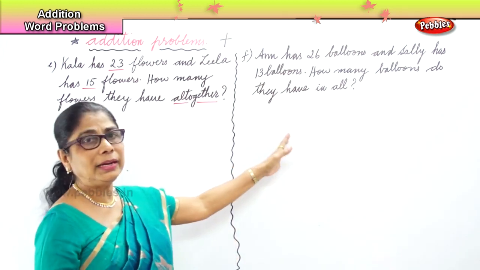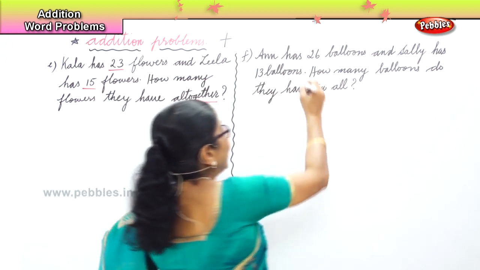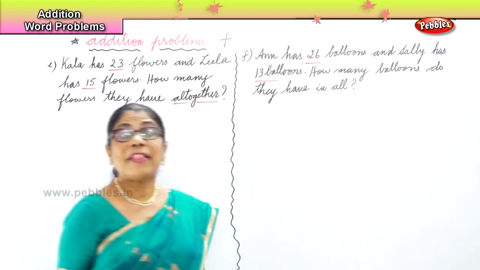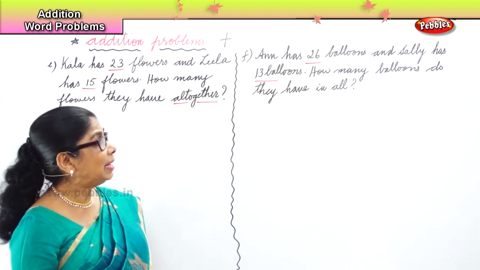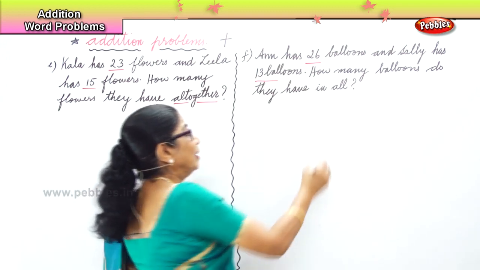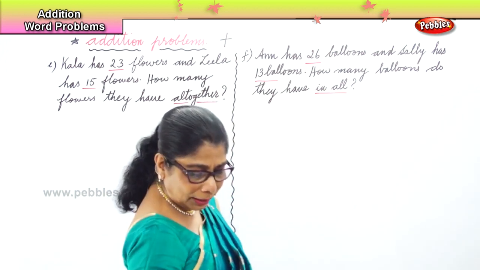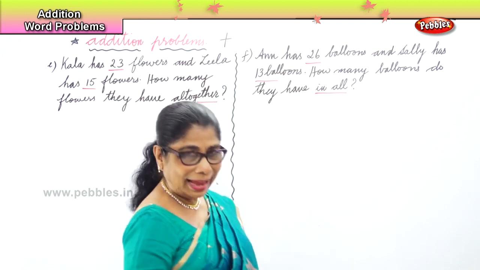Okay, let's go to this story. Anne has how many balloons? 26 balloons. And Sally has how many balloons? 13. The question asked is, how many balloons do they have in all? When you get the word in all, what do you understand? That means addition. We have to add.